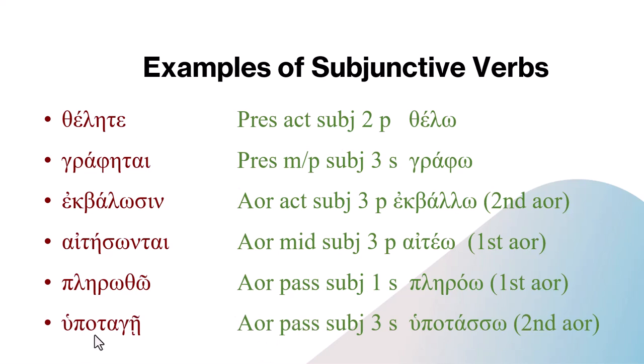So hupotage, a subjunctive third singular, and hupotasso means to subject. Translation depends on context. If it came after a that or in order that, he be subjected, or in order that he may be subjected, something like that.